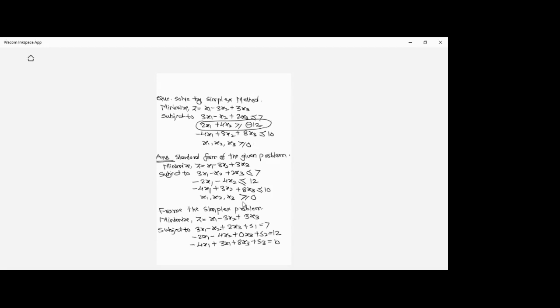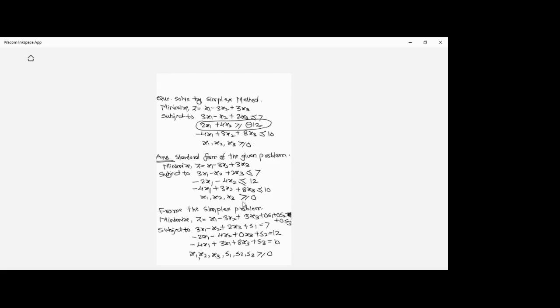Similarly, we can take cognizance of our slack variables in the objective function. It will be 0 s1 plus 0 s2 plus 0 s3, right? And now we can write x1, x2, x3, s1, s2, s3 greater than or equal to 0, right?